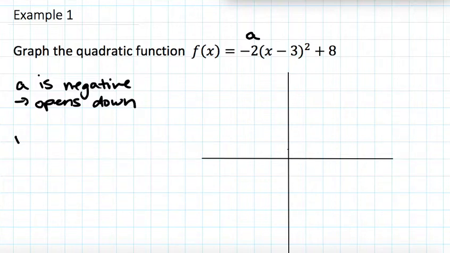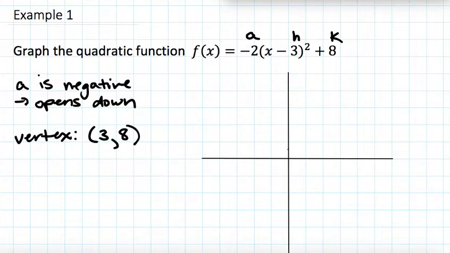Second step is to find the vertex. So looking at the equation, this is going to be the h, and this is going to be the k. So h is going to be positive 3, because it's the opposite sign, and k is going to be positive 8, because it's the same sign.